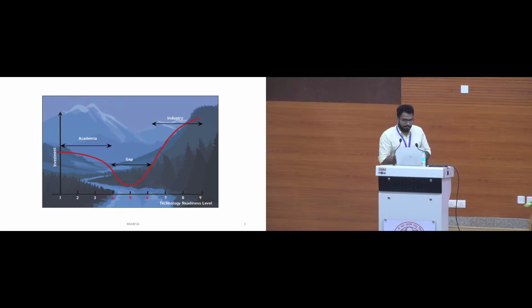So this gap is to be fulfilled in two aspects. One, what are the barriers that are being faced by the researchers, professors, scholars? And secondly, how can we uphold the principles of sustainability to bridge this gap?